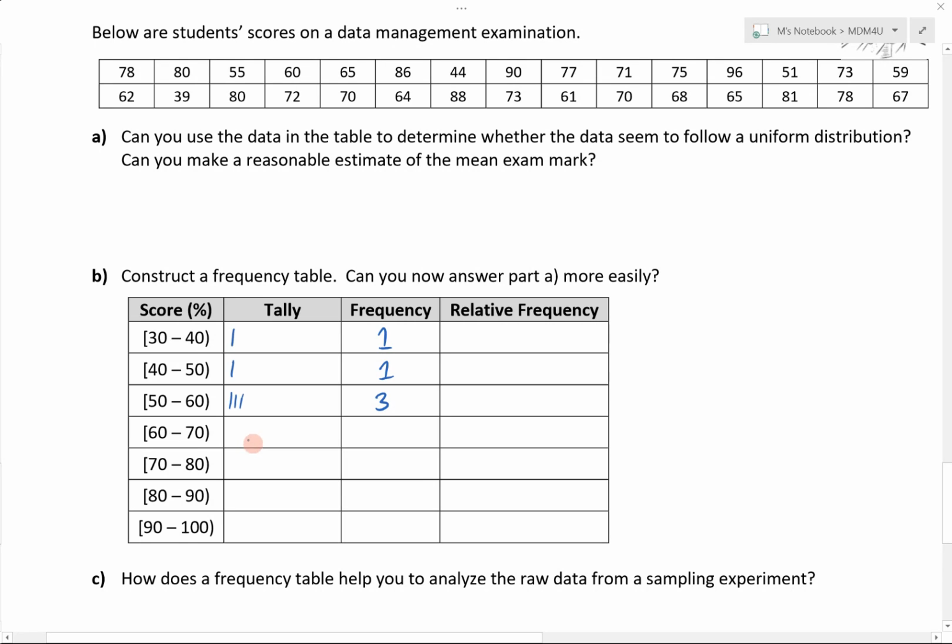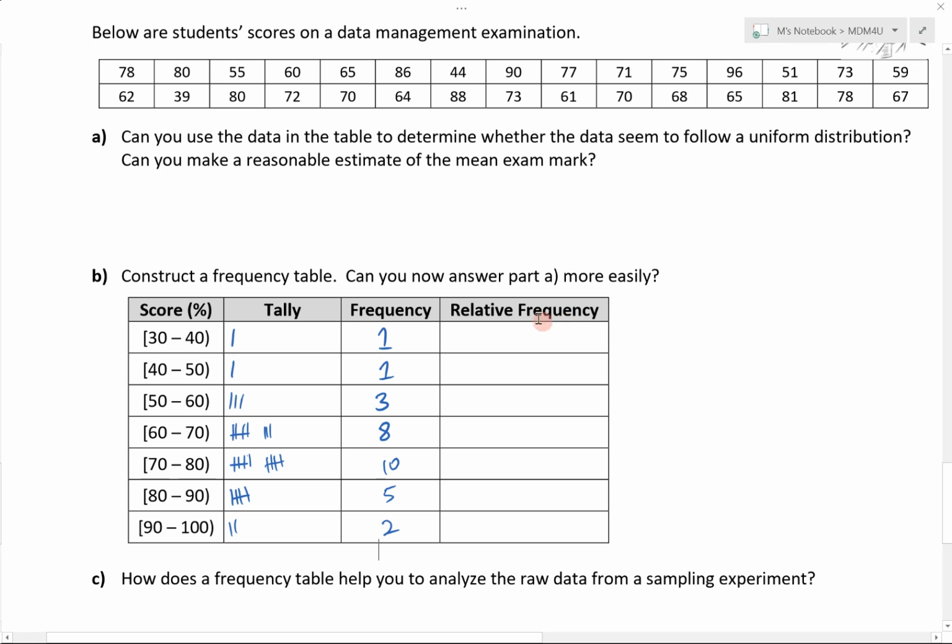Here you'd have 8 tick marks, so 1, 2, 3, 4, 5, 6, 7, 8. You'd count 10 for the next one, 5 for the next one, and 2 for the next one. So if I took all of these values and placed them in their appropriate bins, the score ranges and intervals, I would get a frequency table that looks like this.